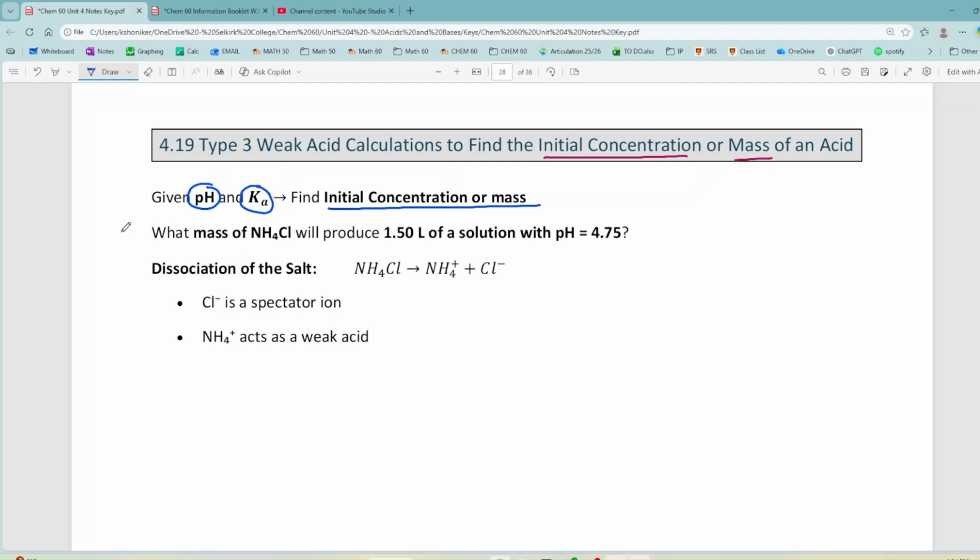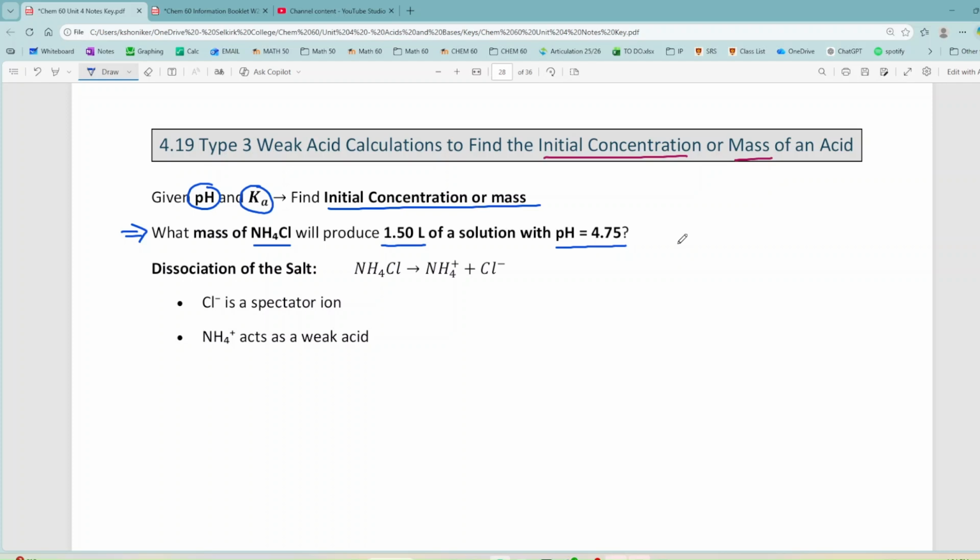So the question will say something like, what mass of ammonium chloride will produce 1.5 liters of a solution with a pH of 4.75? Now the first thing you have to be aware of is that if you have ammonium acting as your weak acid, you're never going to have ammonium ions that you can take the mass of.